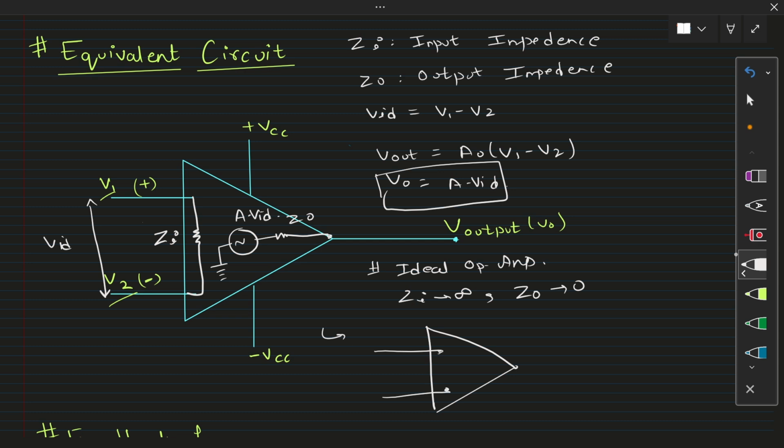And similarly here the Z0 value is near to 0, so you can short circuit here. Here is our V output, and this is A times VID. So this is the equivalent circuit of an ideal operational amplifier: the ZI value is near to infinity, and the Z0 value is near to 0.